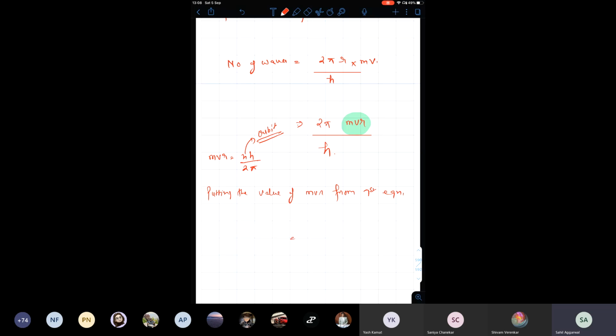So it becomes 2 pi into nh upon 2 pi into h. So h and h get cancelled out, 2 pi gets cancelled out. It becomes n, which is the orbit.